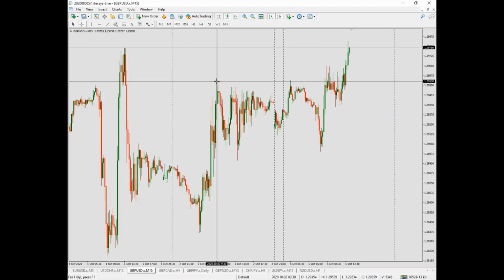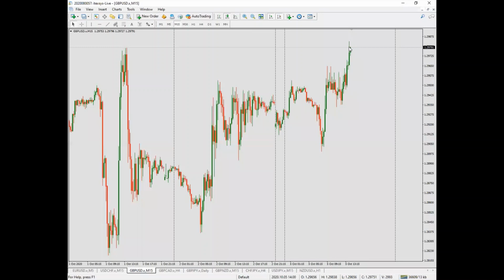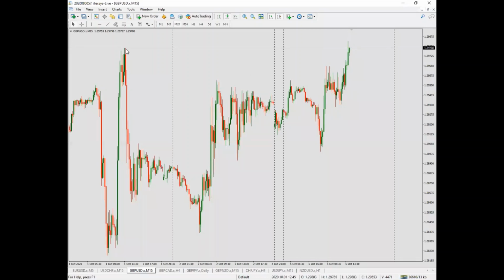It is a 15-minute chart, so I believe this reaction is enough for an intraday trader, 40 or 50 pips, even 30. Okay, so at the moment we see that after the price checked this level 1, 2, 3, maybe 4 times, just now the price broke out this level.